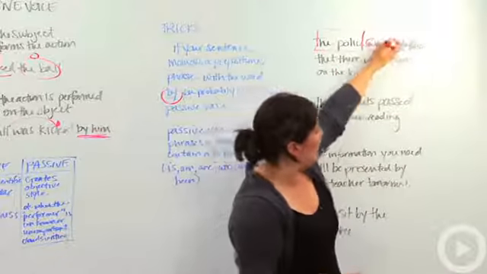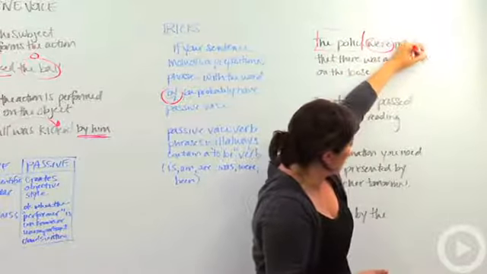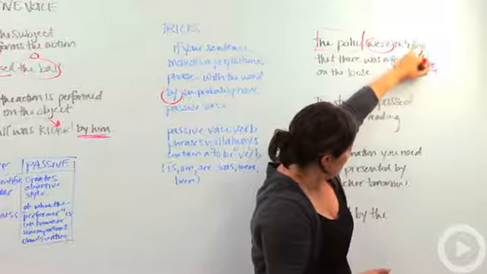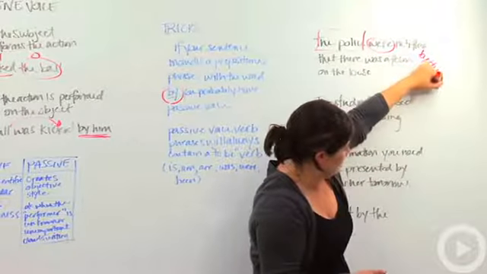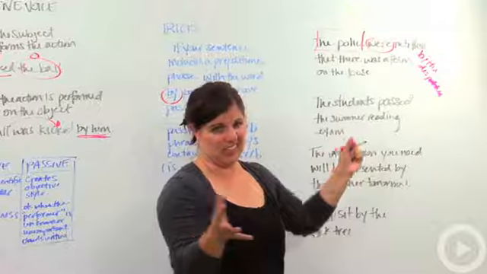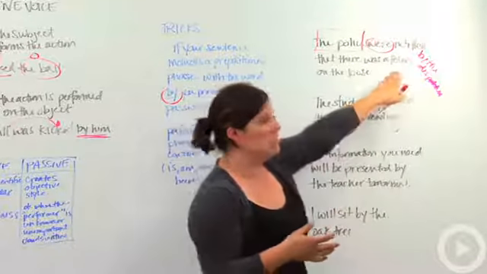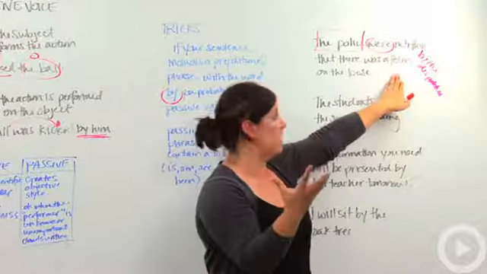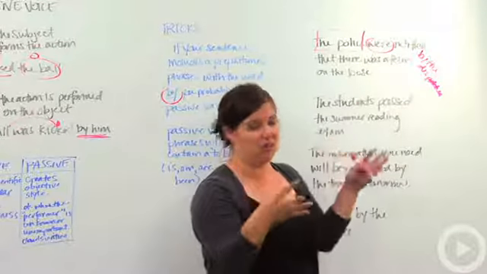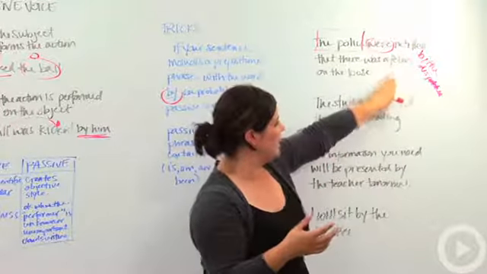Really, if we added the police were notified by the dispatcher, that doesn't add much to our sentence. The identity of the dispatcher doesn't really seem to be important. So this would be an example of when the performer is unknown or unimportant. So you can kind of keep it there.